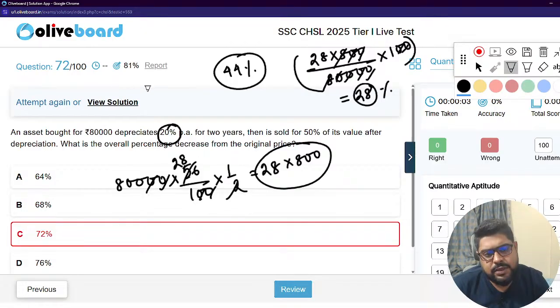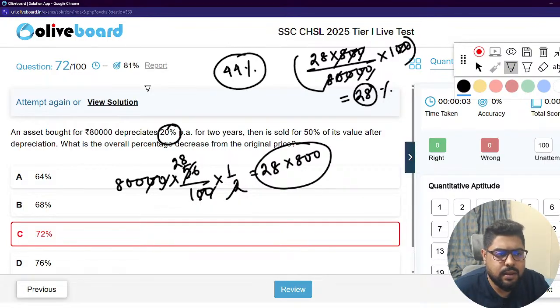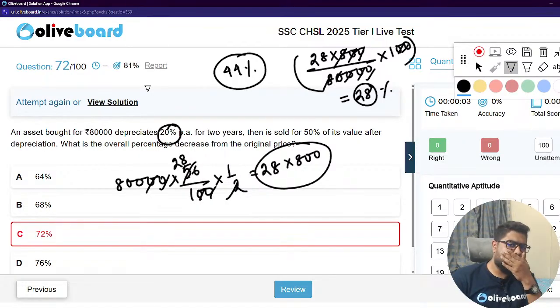20, 44%. $54,400. No. No, sir. I don't think anything is wrong with the calculation either.